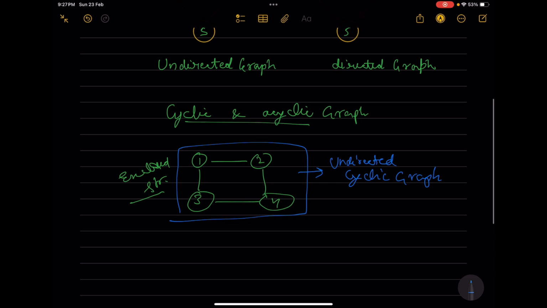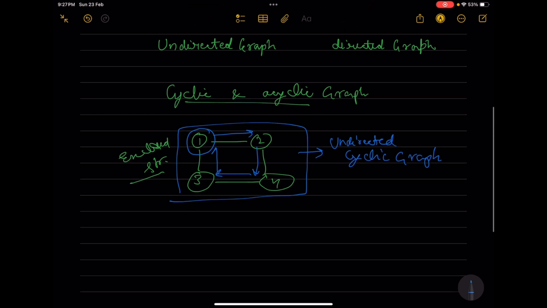That means if we start traveling from node 1, let's say we go to node 2, then from 2 we go to node 4, then from 4 we go to node 3, and then from 3 we can again come back to node 1. That means we can come back to the starting point again. That's why it is a cyclic graph.